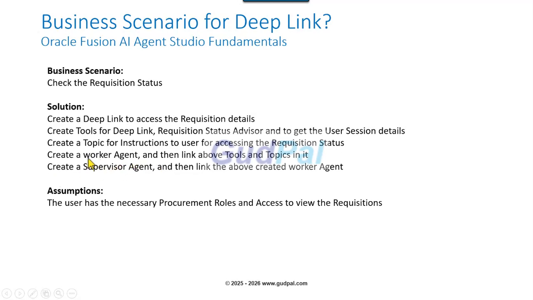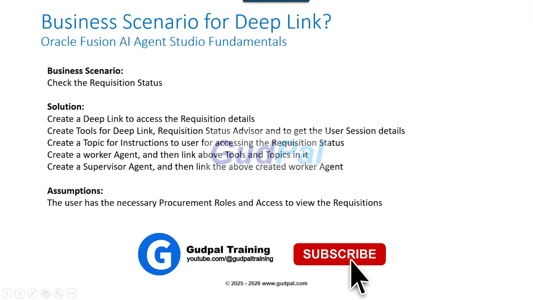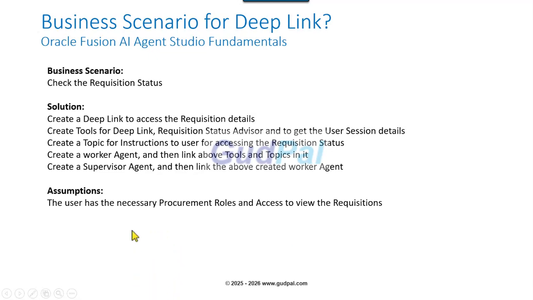Within the supervisor agent, you embed the worker agent, and that worker agent will have these three tools in it along with the topic that you just created. Finally, you test it to make sure you're able to access the requisition details, including the status, and whether the AI agent automatically provides a link to the requisition queried. So that is the business scenario and the solution to it.